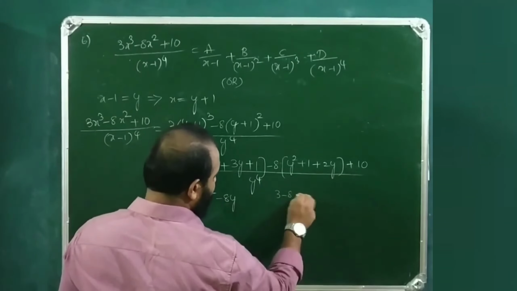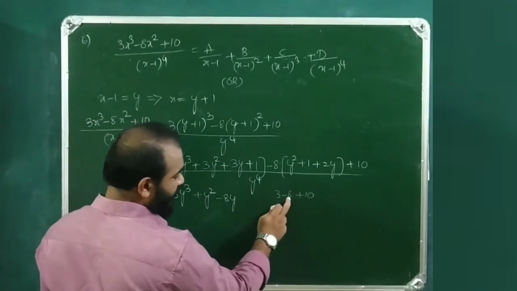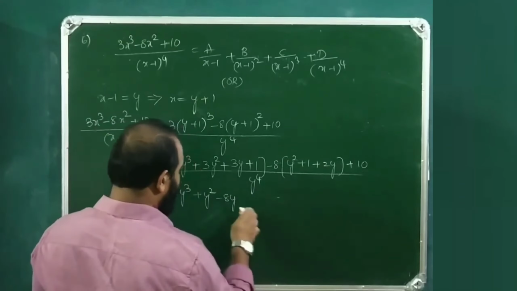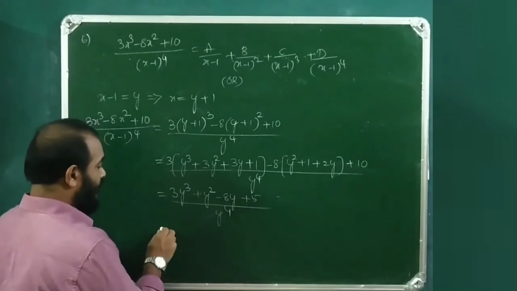So 3 minus 8 plus 10: 10 plus 3 is 13, 10 minus 8 is 2, 2 plus 3, 5. This is plus 5 by y power 4.